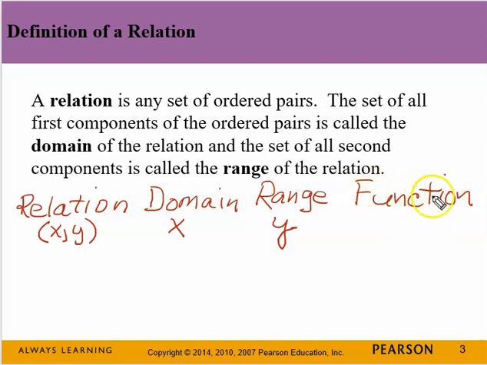What is a function? Well, something is a function if the X element in that series of relations is only used once. Now, we'll see some examples of all of these, but this is some good notes to take down at this stage.